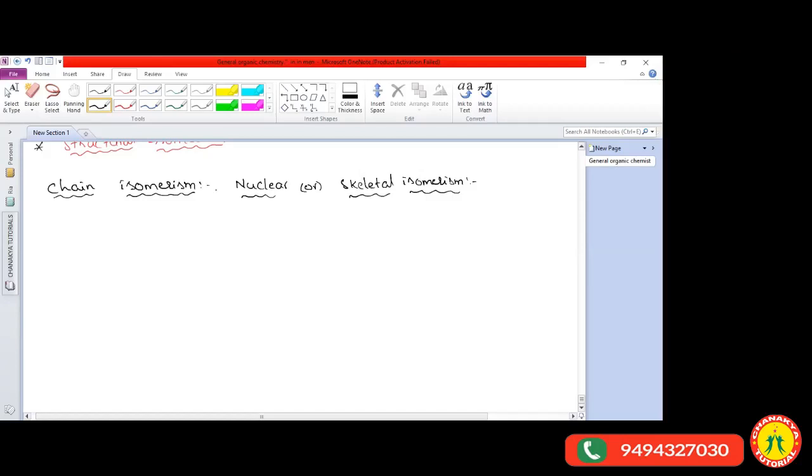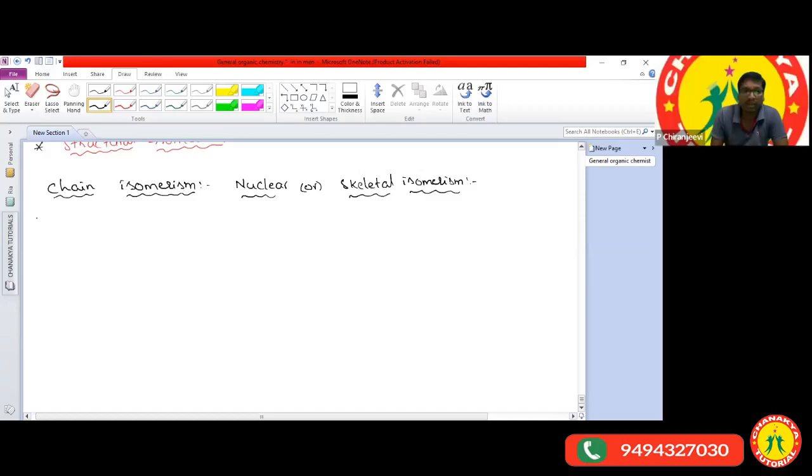The best example we can take is butane. The molecular formula of butane is C4H10. From butane onwards only it exhibits chain isomerism. Propane and ethane do not exhibit chain isomers.